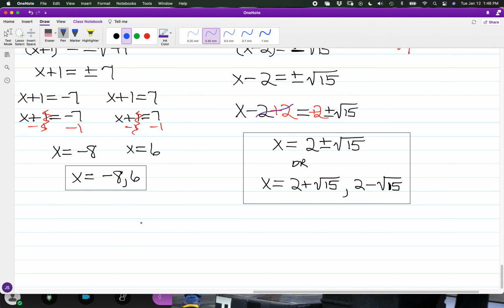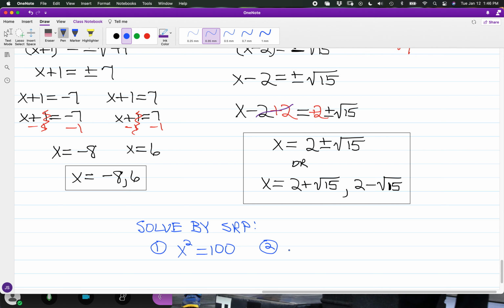Now let's say that in the case of solving by the square root property, first of all, we have x squared is equal to 100.